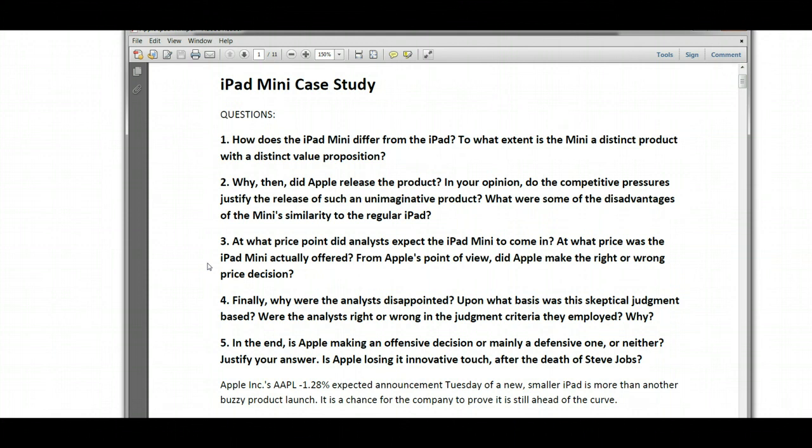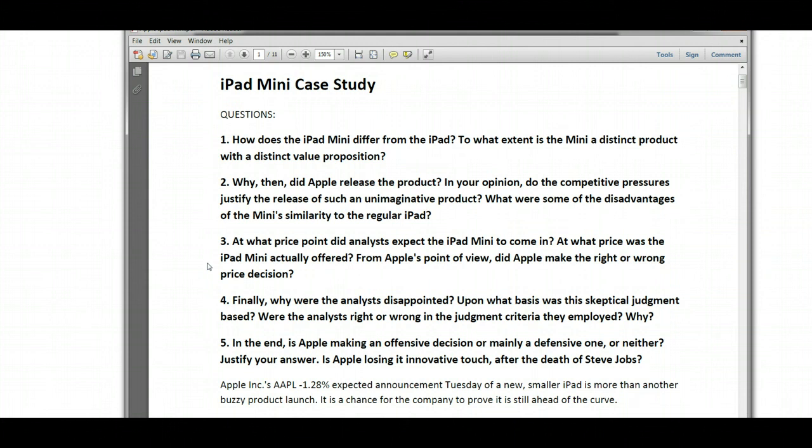Whether this was a right or wrong decision, here's an example where you could really look at some of your personal thoughts, feelings and analysis, as well as a lot of things in the Kellogg's strategy about pricing behavior and pricing position that you could have added to that question, which not every student did. So finally, were the analysts disappointed? It seems like with every new Apple product, there's a group of people who are disappointed, so people had no problem finding a number of disappointed analysts to talk about this product.